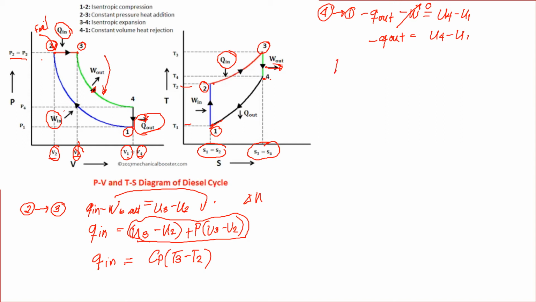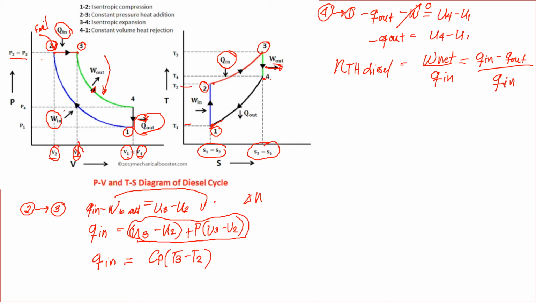So therefore, the thermal efficiency of the diesel is, of course, we have the work net over the applied heat to make things running, which is also equal to Q in minus Q out over Q in.